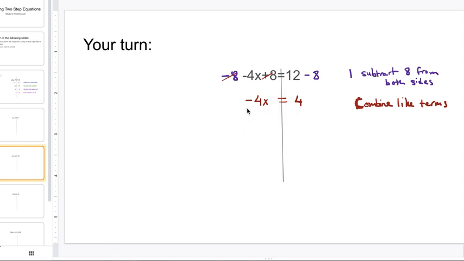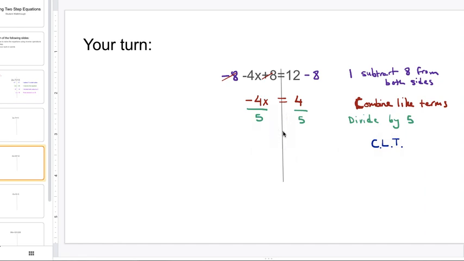So now we're going to divide both sides by 5. And once again, combine like terms.